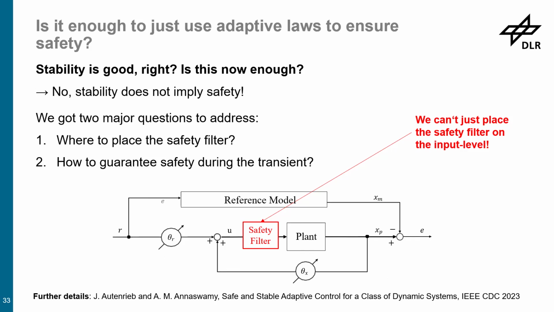Wait, if I understood correctly, please correct me if I'm wrong, you would put the safety filter there, and then you would use somehow a closed loop reference model in here where the mismatch is actively considered in order to make sure that the reference model is converging towards the desired state.